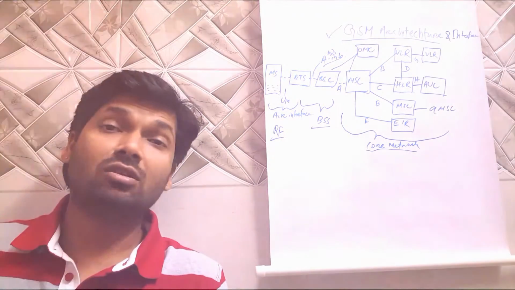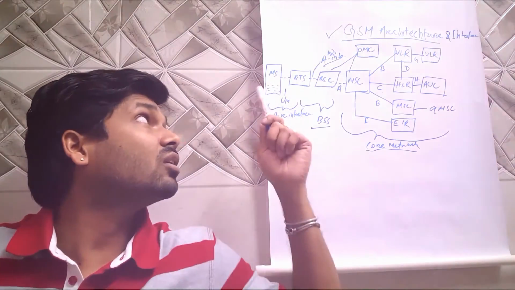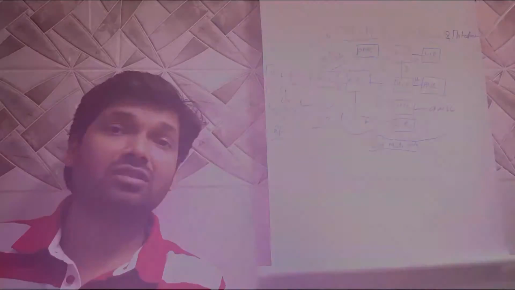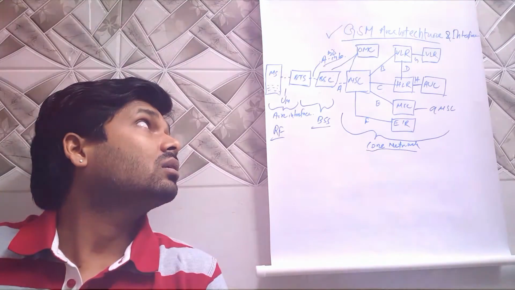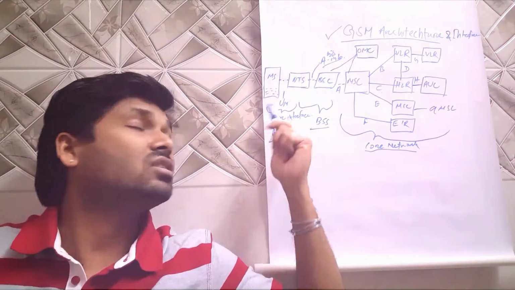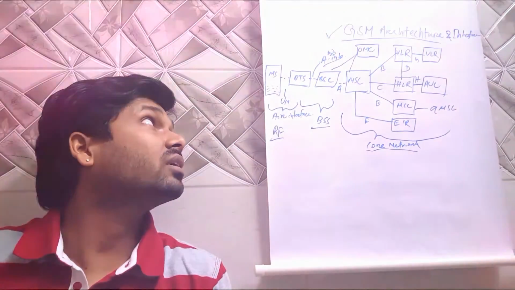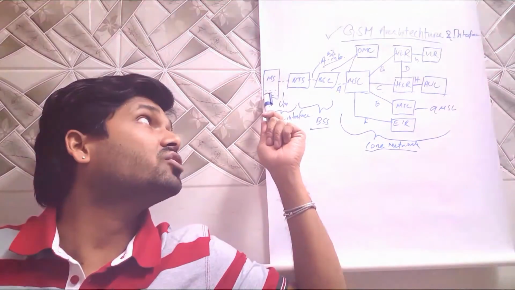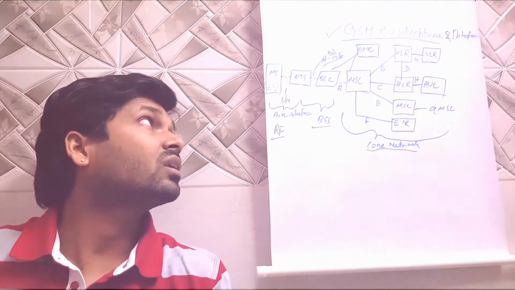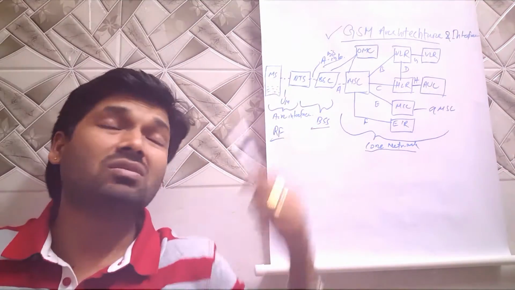So let's go about it. To start with, I'll go with MS, which is nothing but the mobile station. From MS to BTS, we have an interface, which is nothing but the air interface between the mobile station and the BTS, or the base transceiver station. Why is it called base transceiver station?